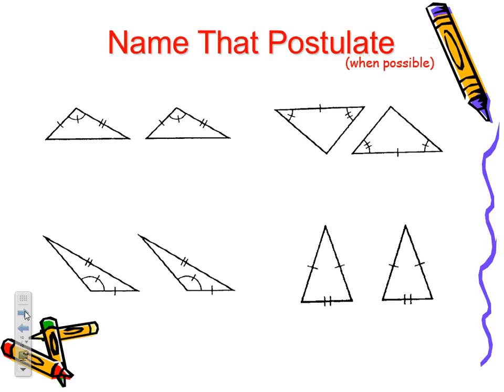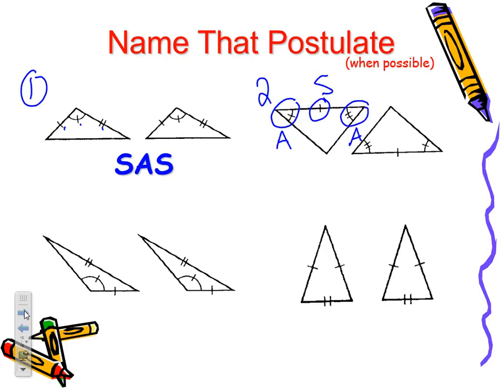All right. We're just going to go through these examples together. Please don't write down the slide. I'm just going to go over them, okay? So, example number 1. If we look at this, we have side, angle, side. On number 2, if we go around, we have angle, and then we have a side, and then we have an angle on both of them.